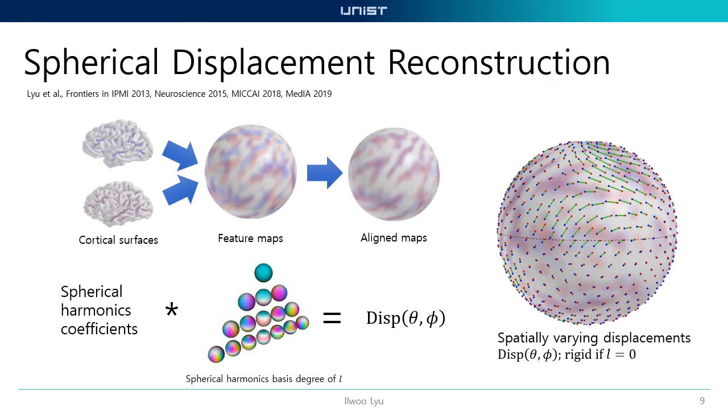By adding more and more spherical harmonic coefficients, we can get a more fine-tuned displacement for each location. So in this approach, we can get more smooth samples, from rigid rotation to non-rigid local deformation, as a result of an intermediate surface registration.